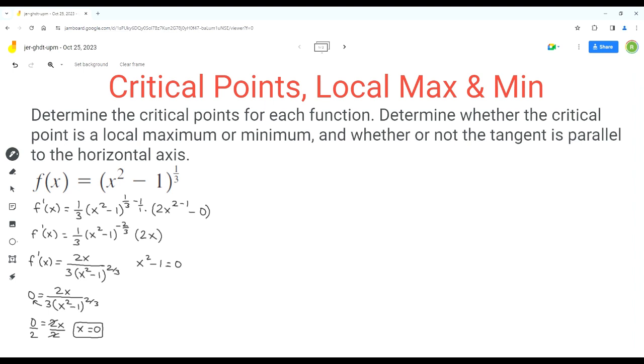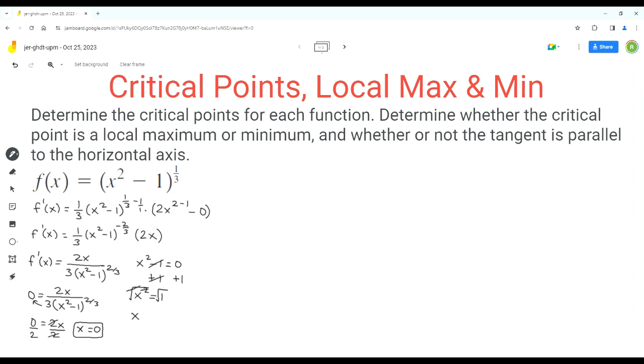So we have to solve for x. First we'll add 1 to both sides, so on the left side it will get cancelled out. So we get x squared equals 1. And now we can apply the square root to both sides to change x squared to x. On the left side, the square root and the square will cancel each other out.